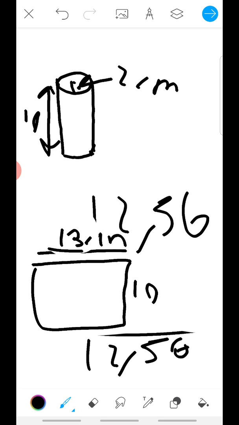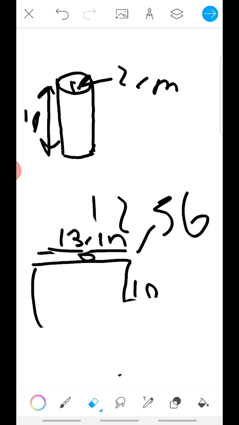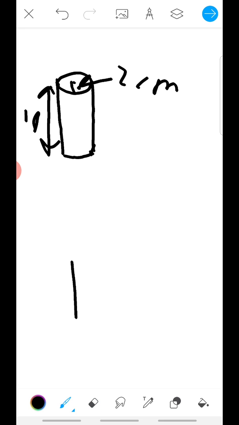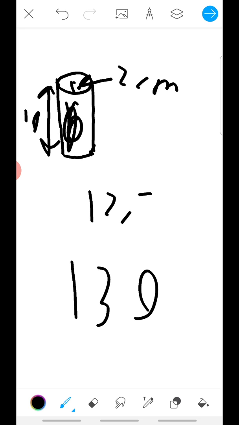You probably know how to get the area of a rectangle. It is 13 times 10, because it's this side times this side. So the answer is 130. The area of the rectangle, this thing in the middle here, is 130. And we calculated that the area of the circle was 12.56, so about 13.